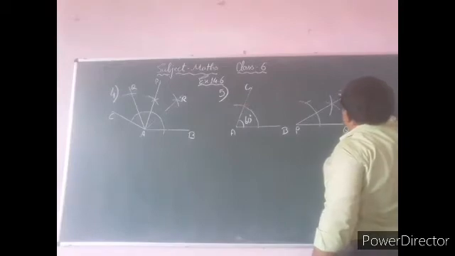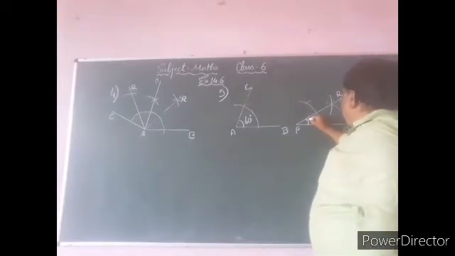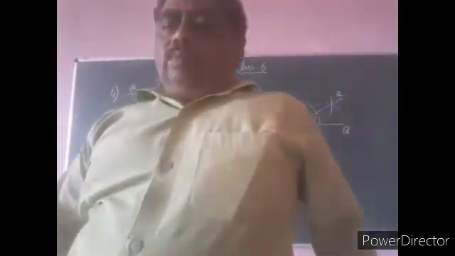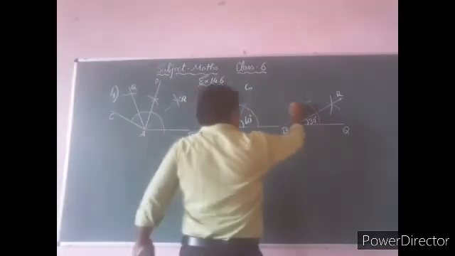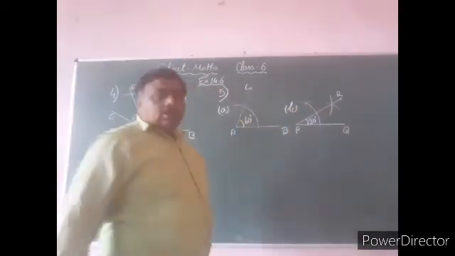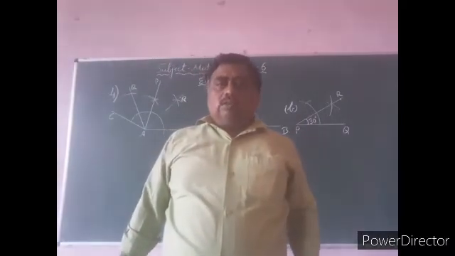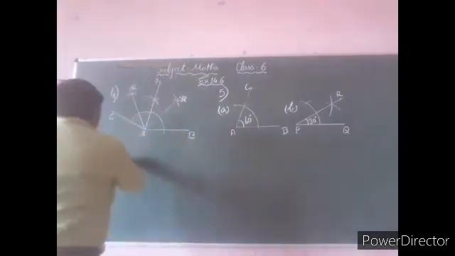This is arc. So RPQ equal to 30 degree. This is A, this is B. Write the steps of construction also.